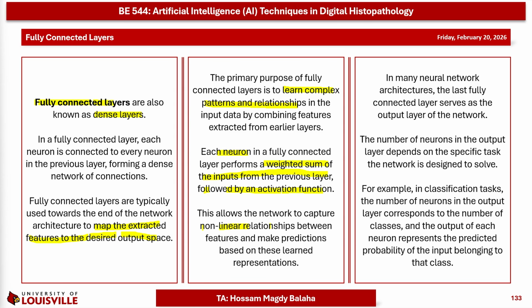After applying multiple fully connected layers, we reach the output, and the number of neurons in the output depends on the number of categories. So assume that we have three classes, grade A, grade B, and grade C for a specific tumor. Then the number of neurons in the output layer will be 3.